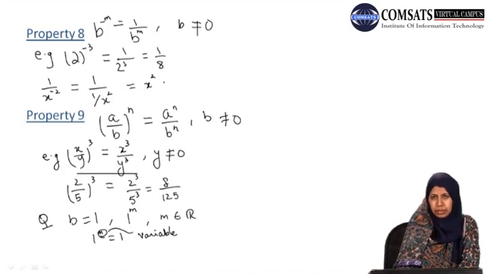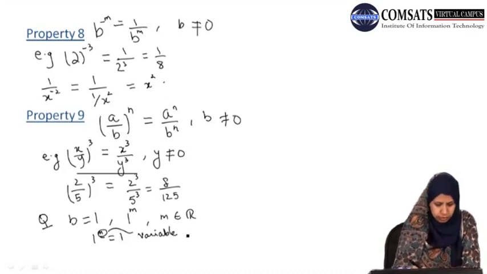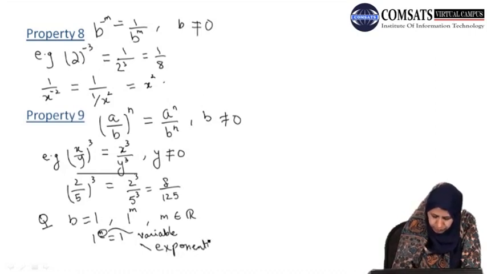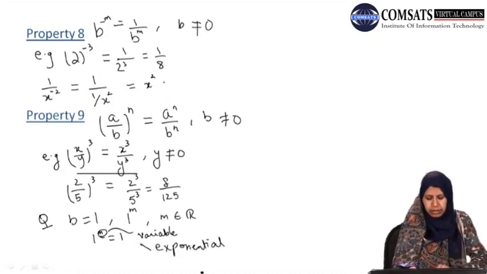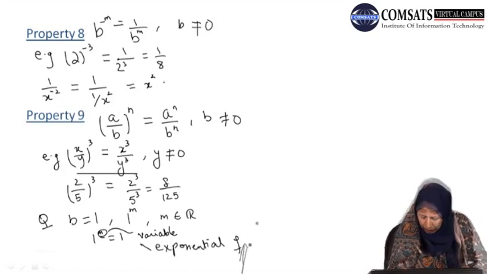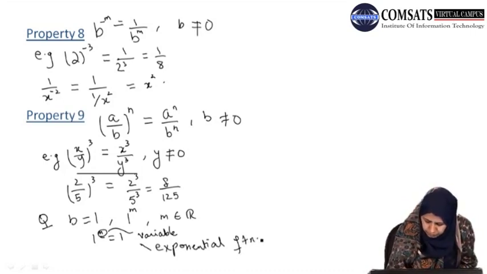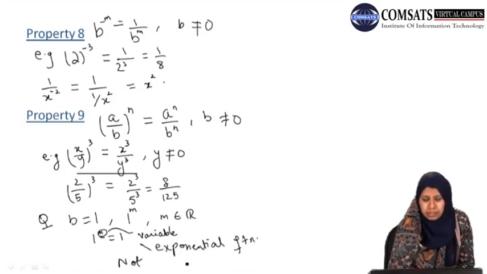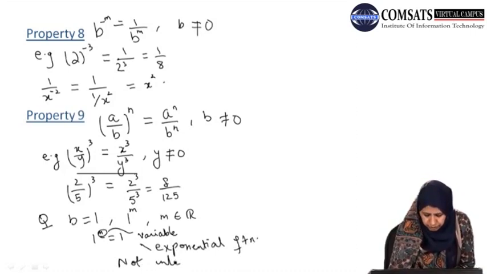So 1 to the power m is an exponential function, of course, because it can be written in the form of a constant raised to a variable power. But this exponential function is not interesting.